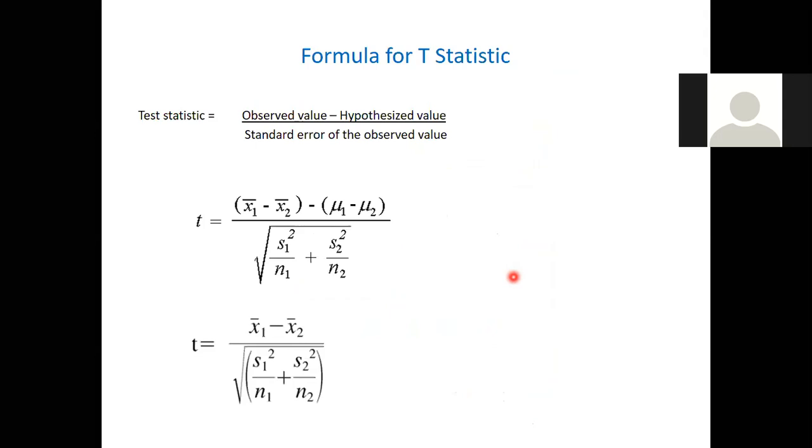Formula for t. The t-test is comparing two means, whether you like it or not. Even if it is a one-sample t-test, you are comparing the mean of your sample with a mean in the population.